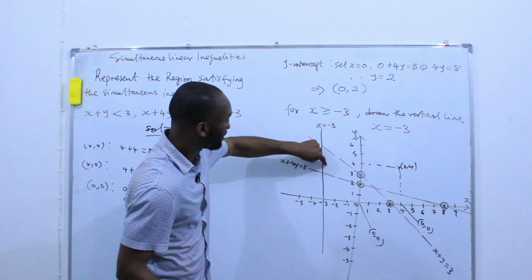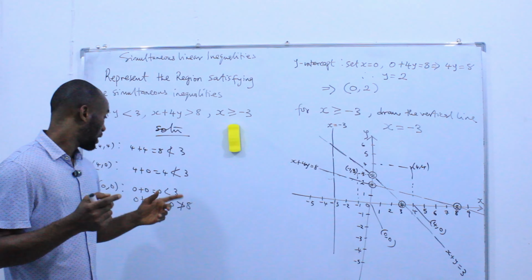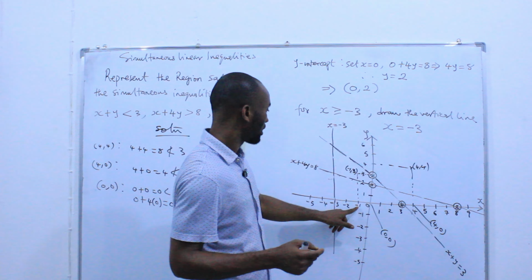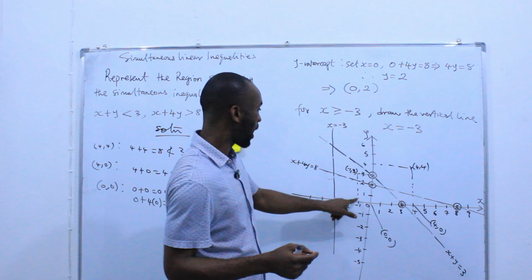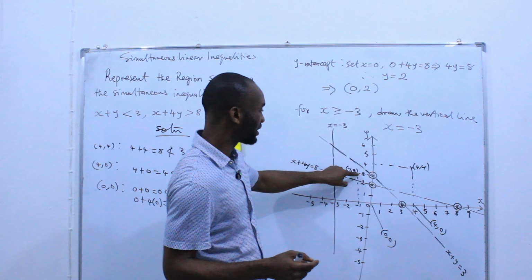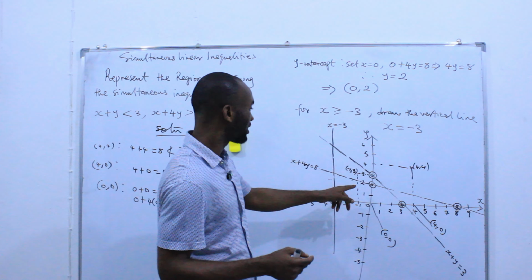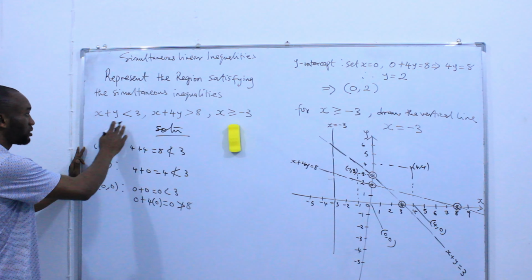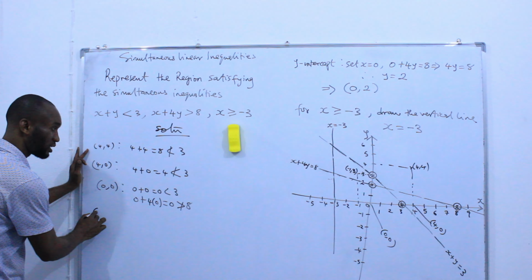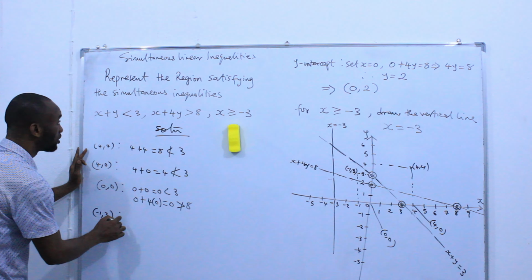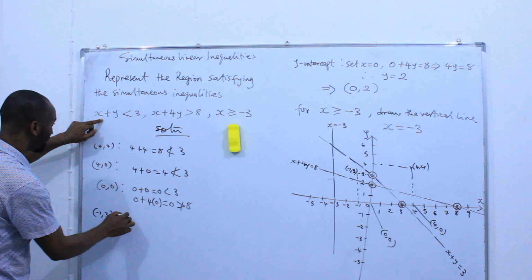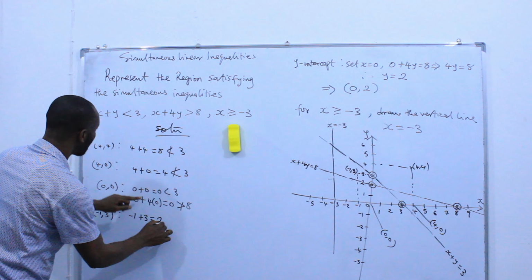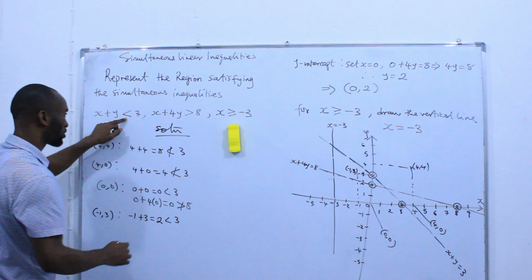Now let's pick a point inside this region. I'm picking -1, 3. That's the point inside this plane. Let's see whether that point will satisfy the simultaneous inequalities. In this inequality, -1 plus 3 is equal to 2, which is less than 3. That's correct.